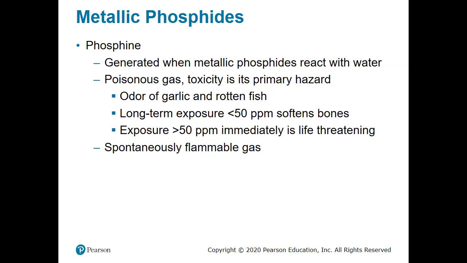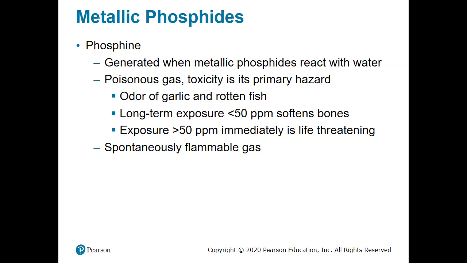In low concentrations, phosphine isn't terribly hazardous. I mean, long-term exposure to concentrations less than 50 parts per million is known to soften your bones, start reacting with some of the stuff in your bones, and making them more fragile. It's when it gets to a concentration greater than 50 parts per million that we really need to worry, because, and we'll talk about this next chapter, there is a class of hazard called immediately dangerous to life and health.